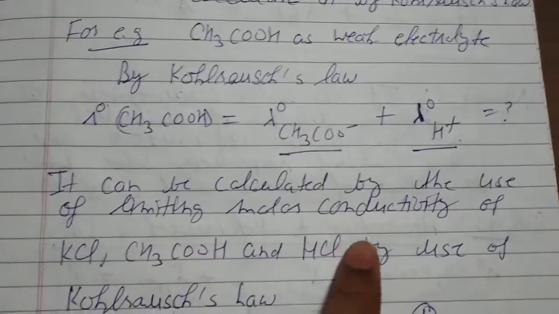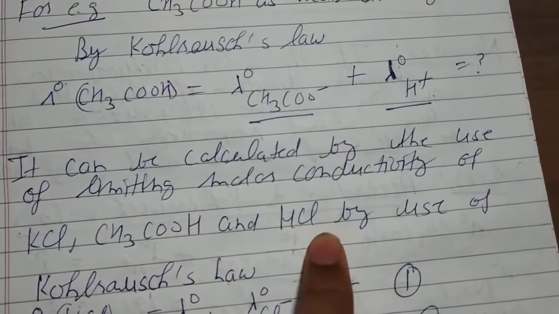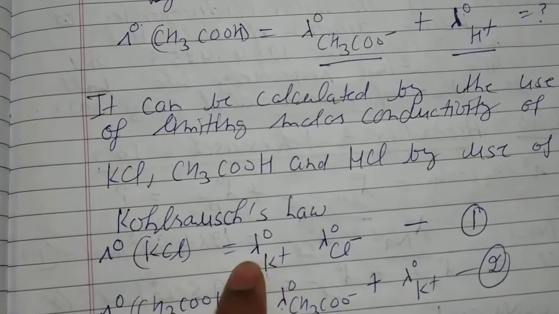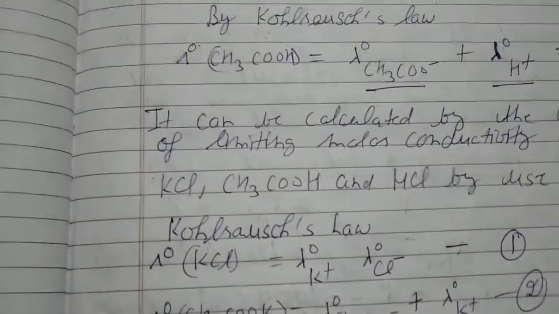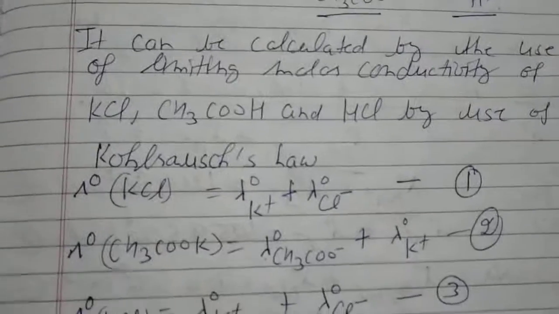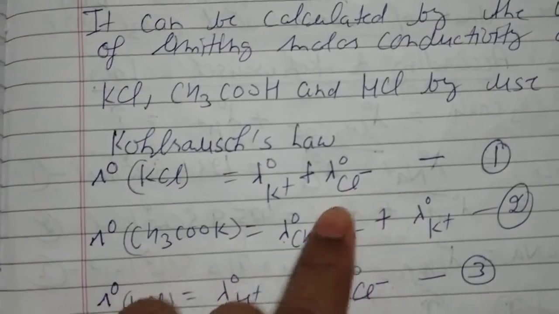It can be calculated by the use of the limiting molar conductivities of KCl, CH3COOK and HCl, by the use of Kohlrausch's law. We know that the limiting molar conductivity of KCl is the limiting ionic conductivity of K positive plus the limiting ionic conductivity of Cl negative.